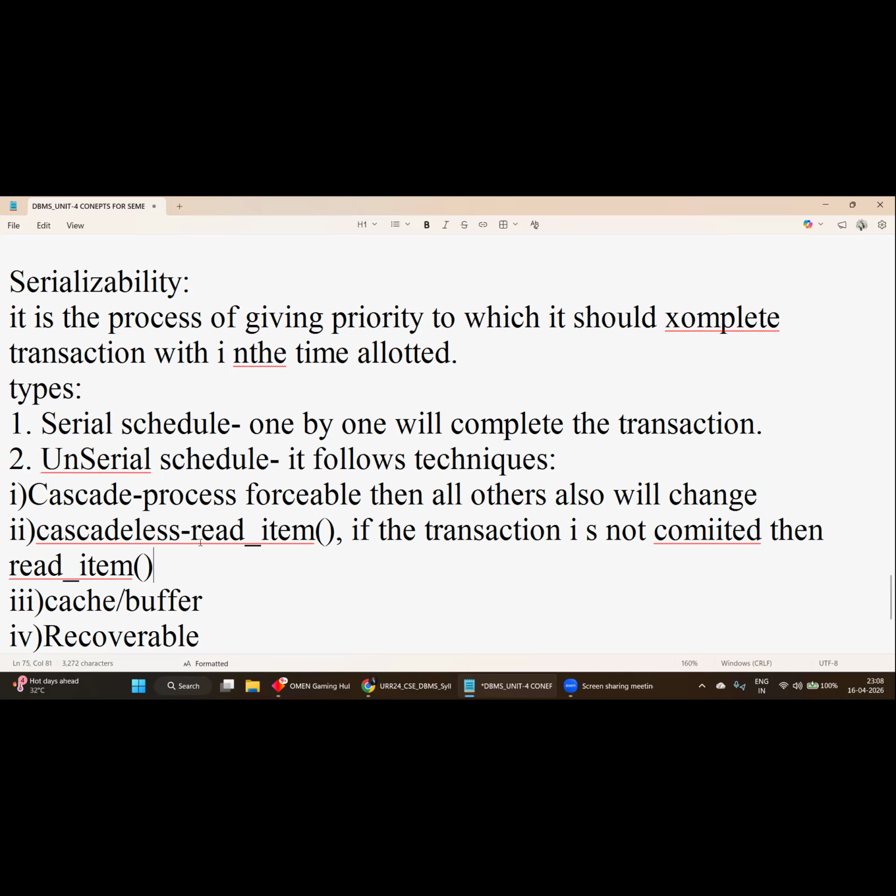So first we will complete one process and then another process will be started.